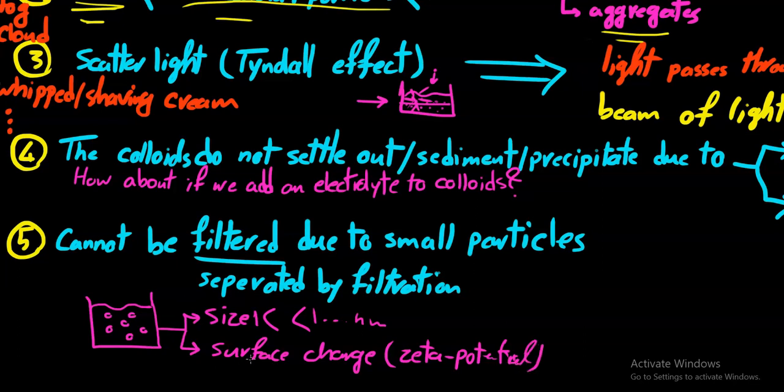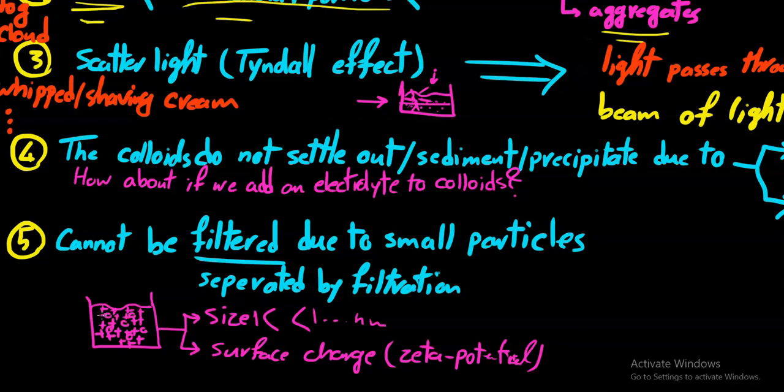Generally speaking, I'm not going to go through zeta potential surface charge in detail at the moment, but all of them have some charge at the surface of the particles. For example, this one has some positive charge at the surface, and this one has positive charge. All of them have similar charge. If one of them is positive, the others are positive as well.